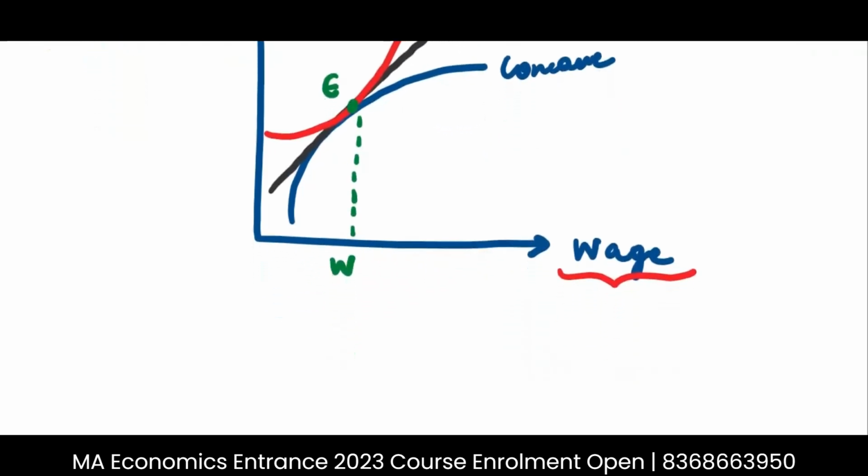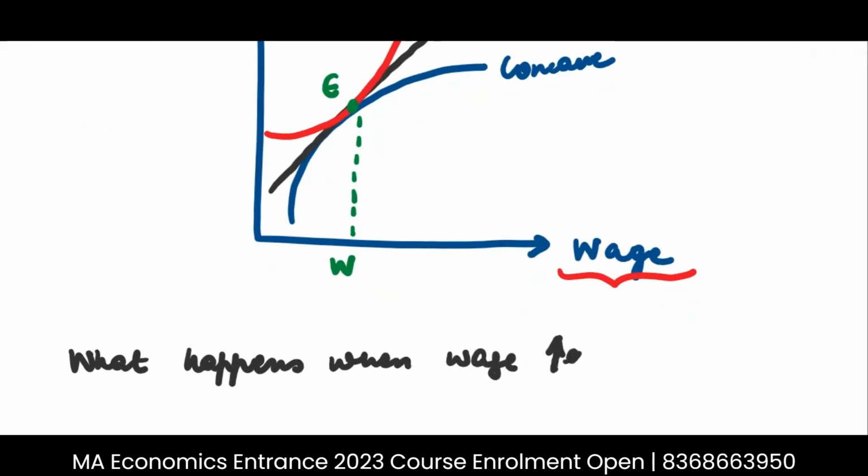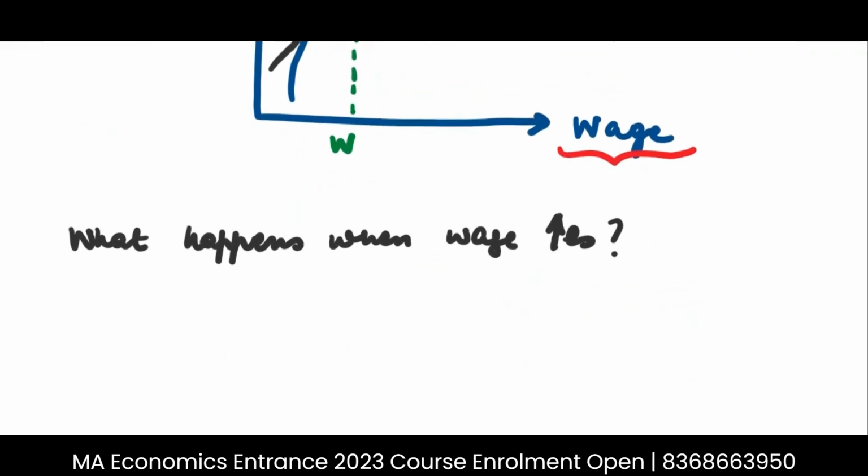Now, supposedly, I ask you what happens when wage increases. So let's say that initially your wage rate is 10 and you're employing 7 units of labor. What happens when your wage rate increases to 15?